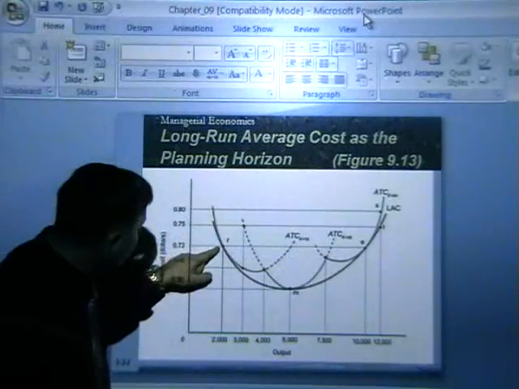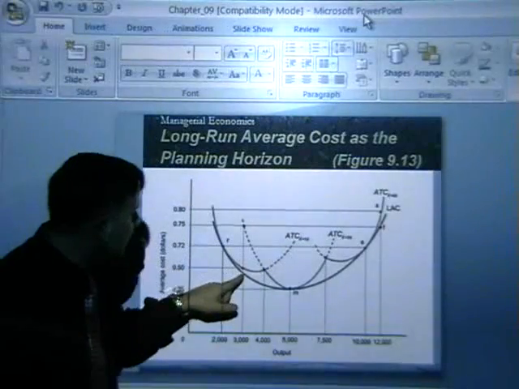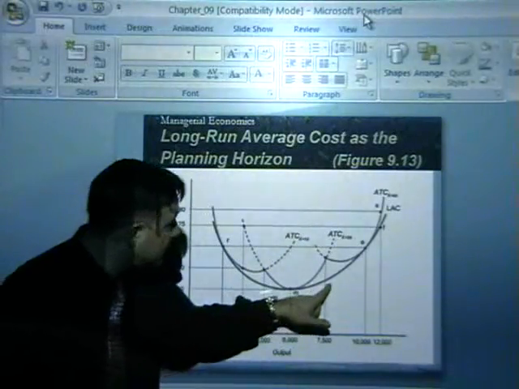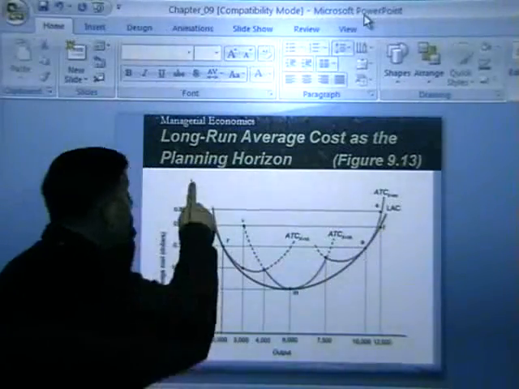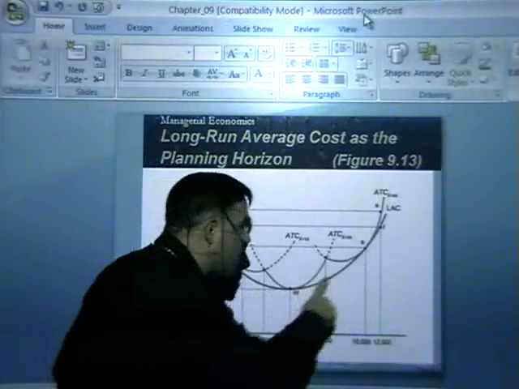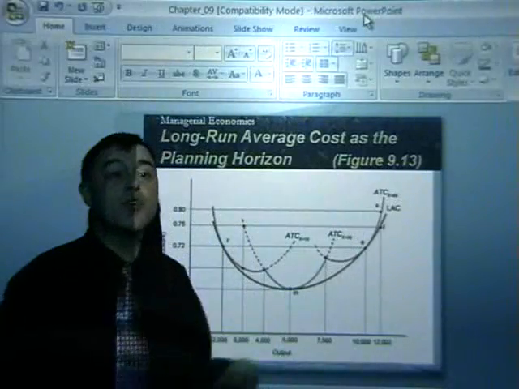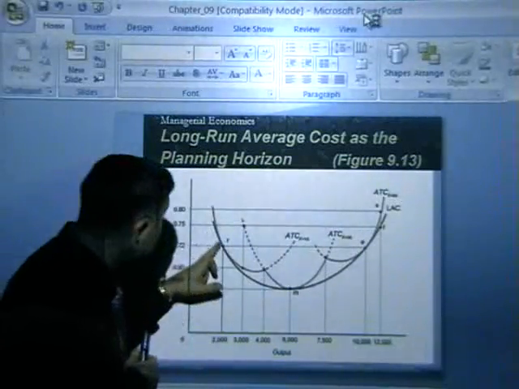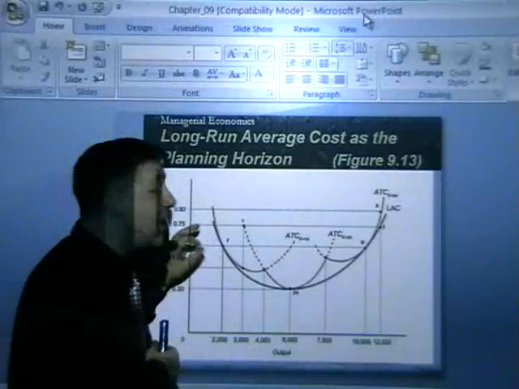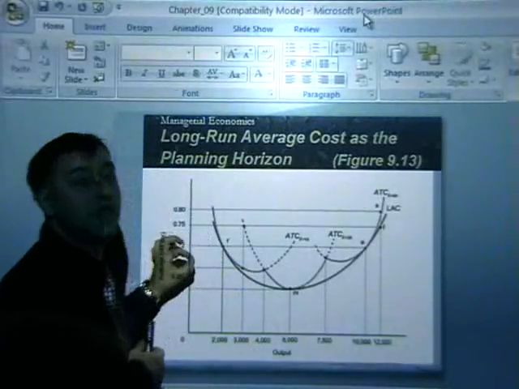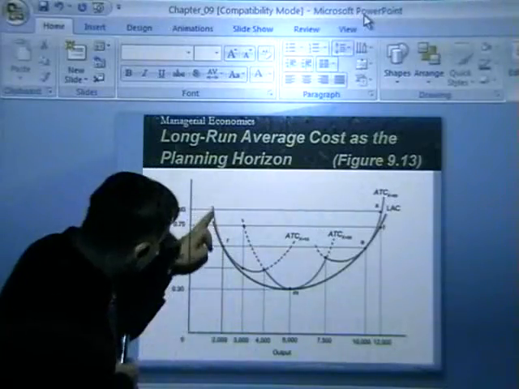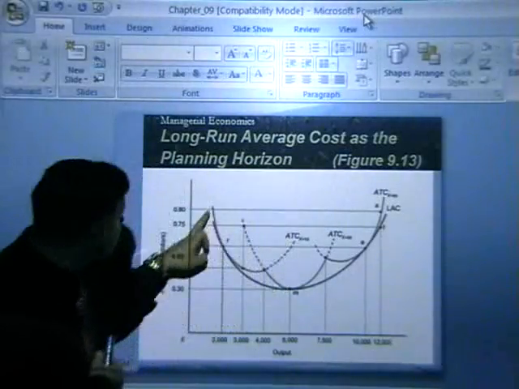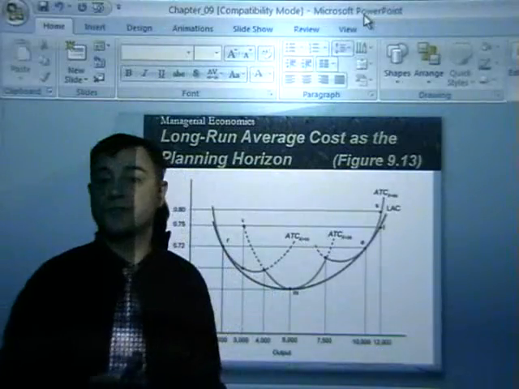So, this is from 10, 12, 14, 15, 30, 40, 50, 60, whatever, all the way to 100. In other words, the long run cost curve is obtained by each point representing a different quantity of the fixed capital. So, in the short run it is fixed, so this is it. In the long run it is flexible.